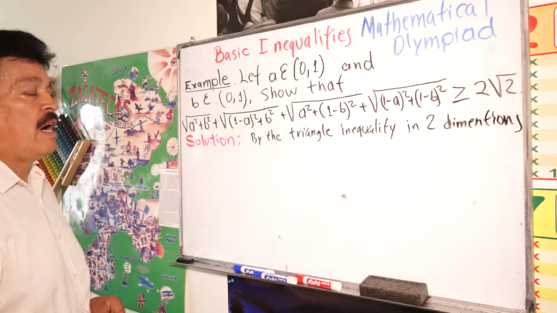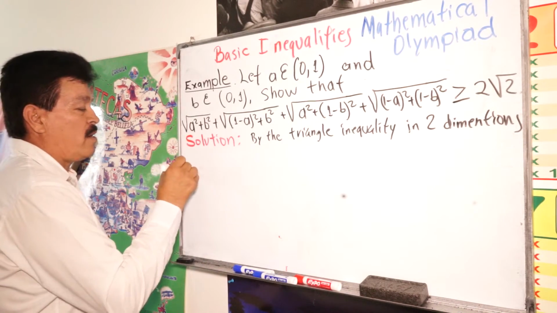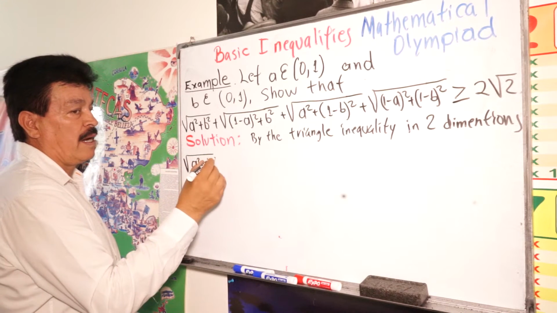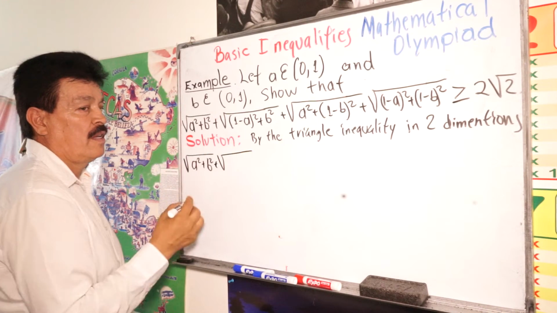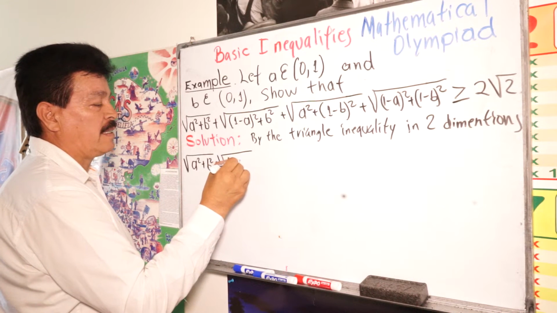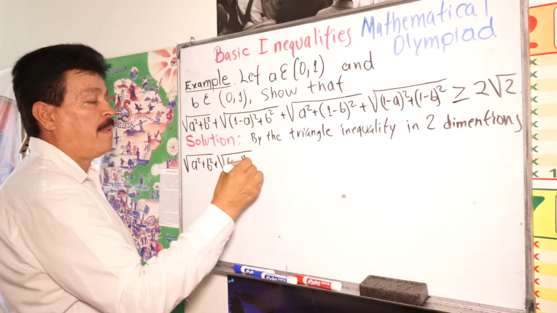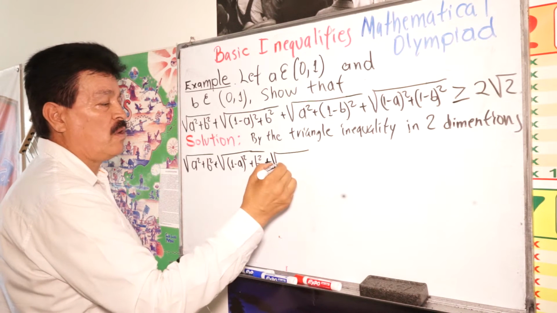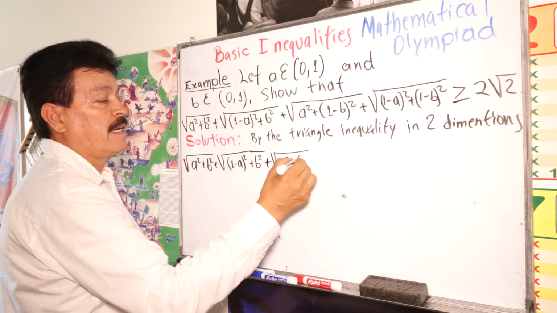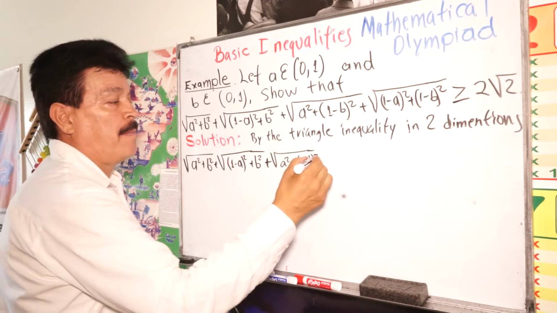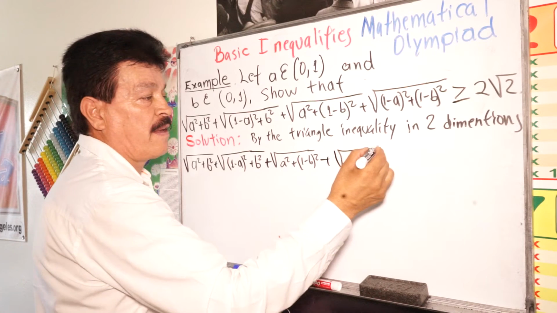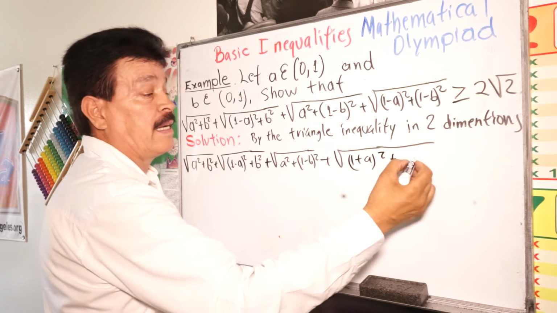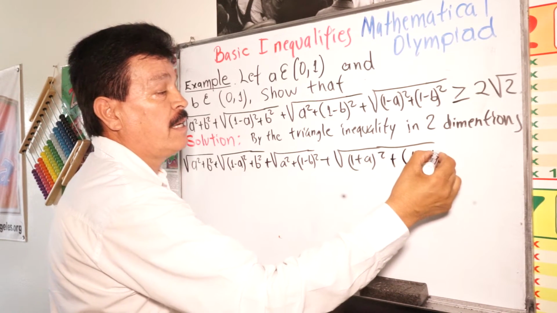All right, so our first step will be the square root of a^2 + b^2, plus the square root of (1 - a)^2 + b^2, plus again the square root of a^2 + (1 - b)^2, plus the square root of (1 - a)^2 + (1 - b)^2.